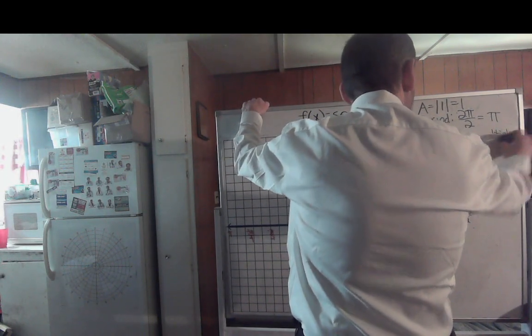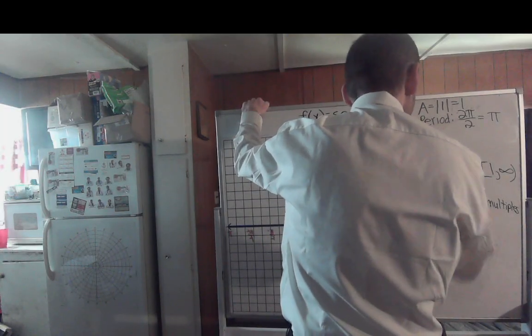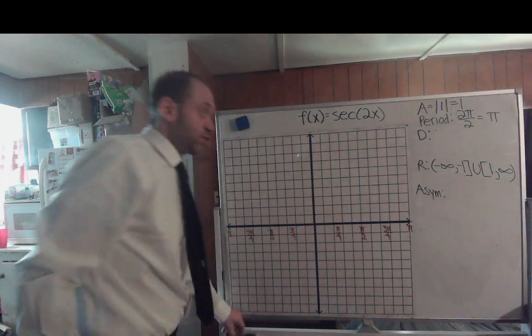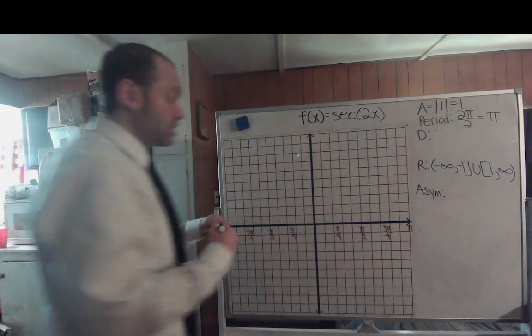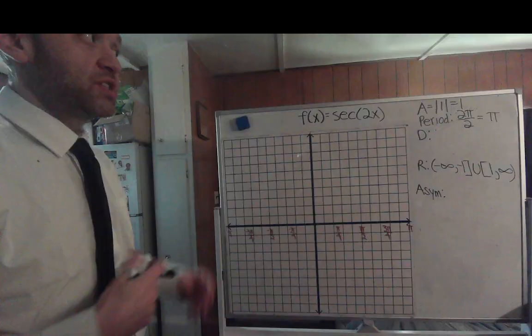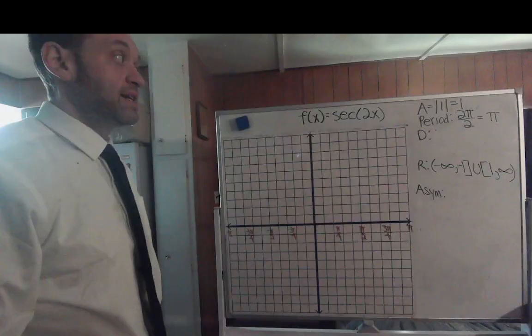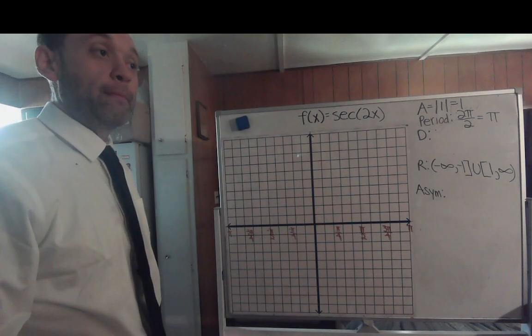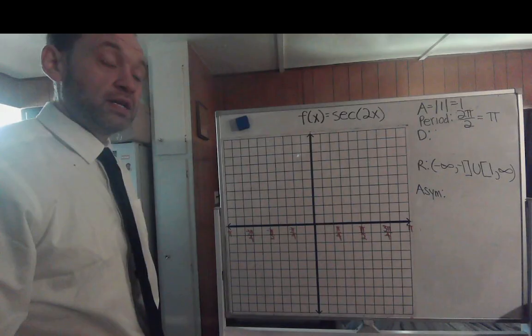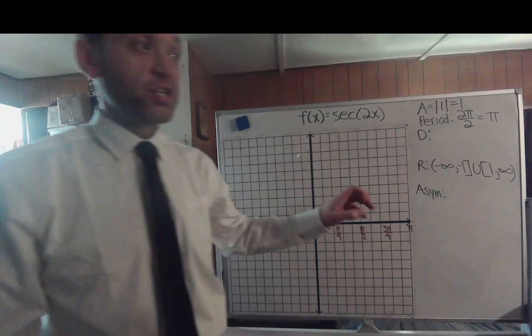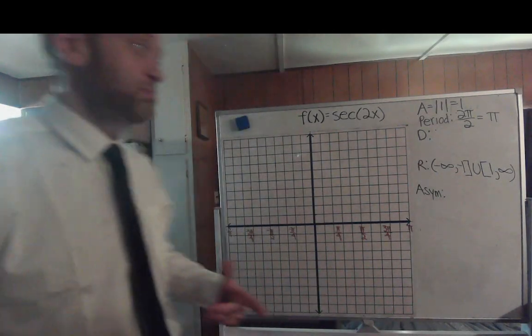we need to talk about the domain and the range and the asymptotes. So here's an easy trick for your domain. Where is the secant of x normally undefined? It's normally undefined at odd multiples of pi over 2, right? Well, if you divide your period by 2, you're going to divide your asymptotes by 2.